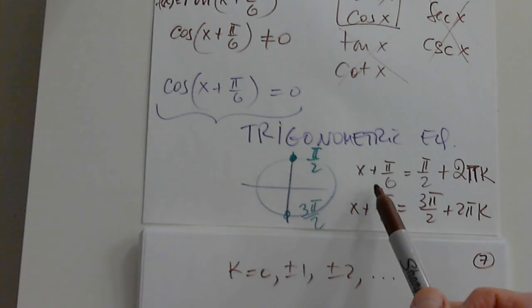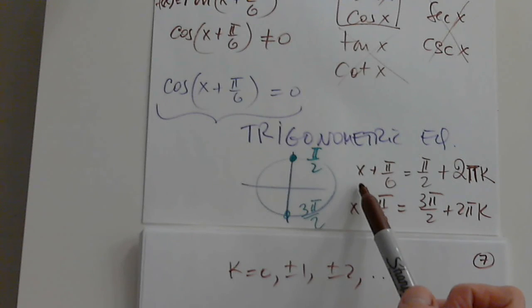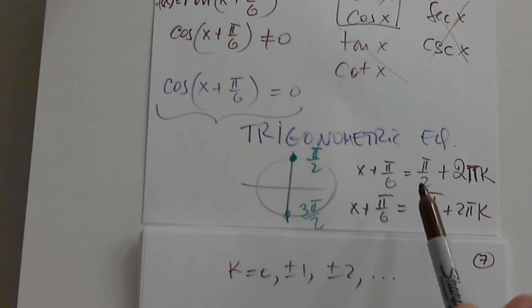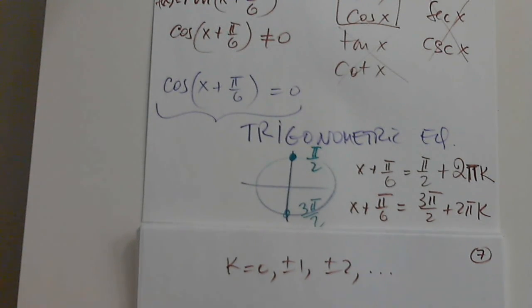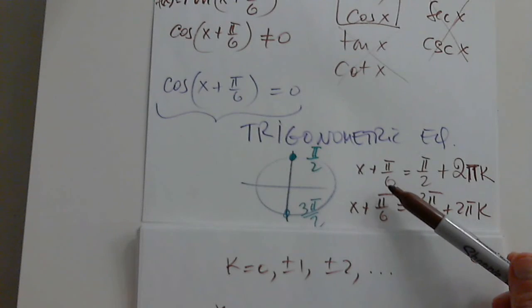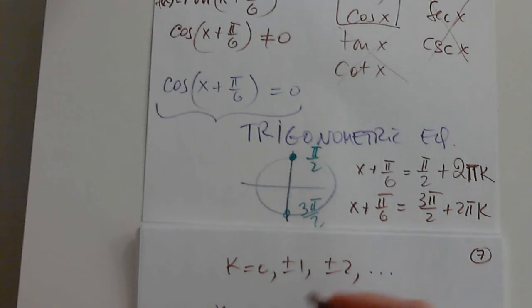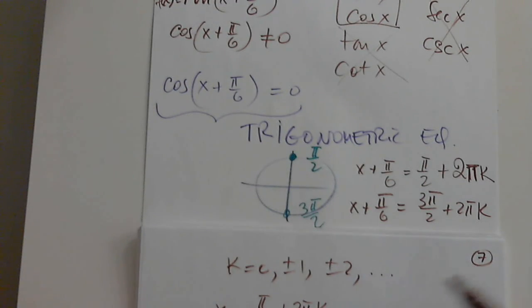So now we have to solve both equations for x, moving pi over 6 to the other side, and that's the final answer. So x equals pi over 2 minus pi over 6, 90 degrees minus 30 degrees, in other words, pi over 3, plus 2 pi k, and x equals 3 pi over 2 minus pi over 6.